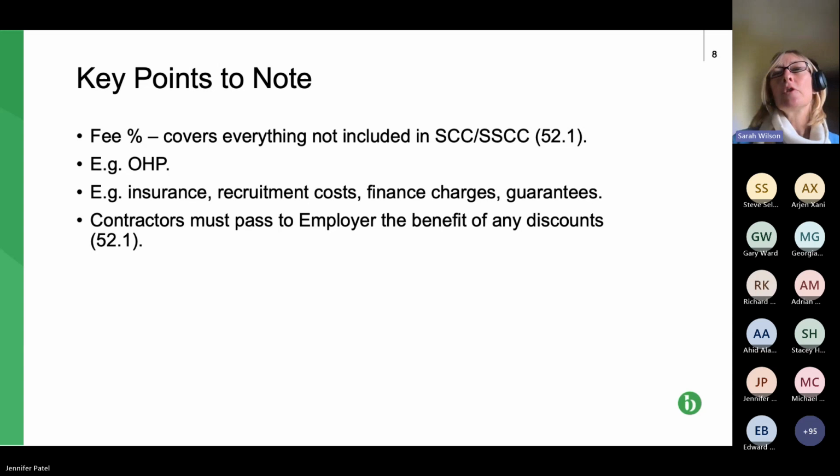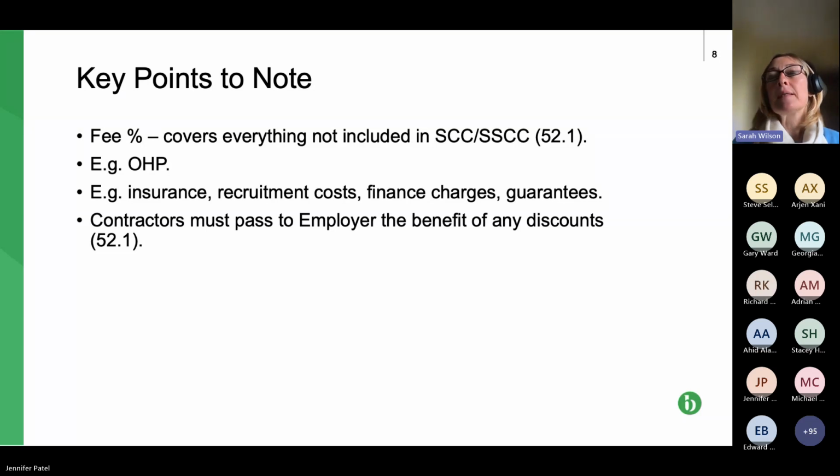The clause at 52.1 states that the fee percentage covers everything that isn't included in the schedule or the shorter schedule. So this is where the problem arises, where you don't fill in the contract data properly, and you remember it's not filled in. So we have the percentage for something is blank percent. So it's 0%.